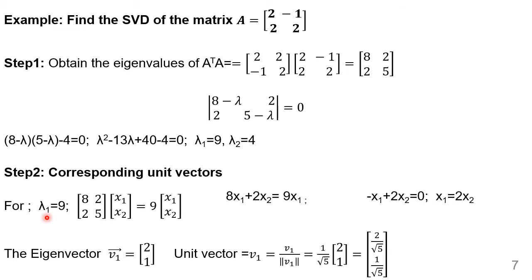For lambda 1 equal to 9, we get the eigenvector V1 equal to [2, 1]. When we normalize it, we get the unit vector V1 equal to V1 divided by the length of V1, that gives [2 divided by root 5, 1 divided by root 5].